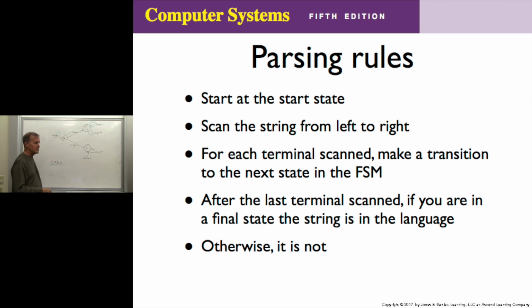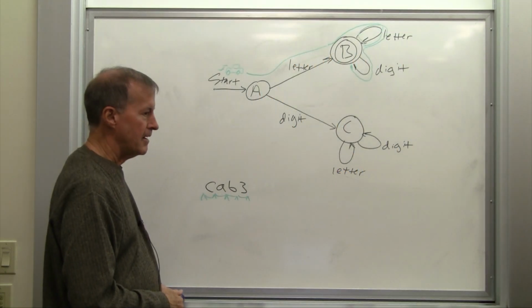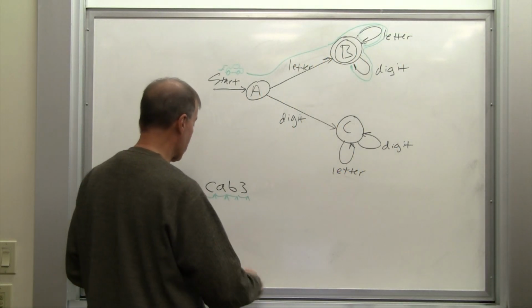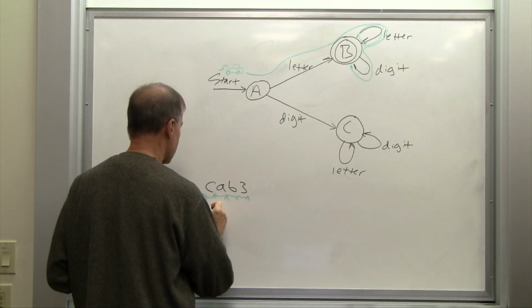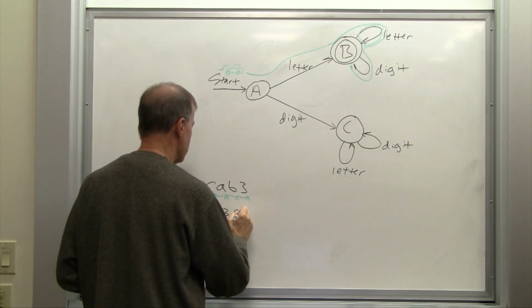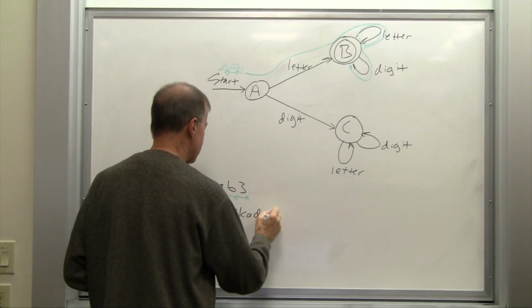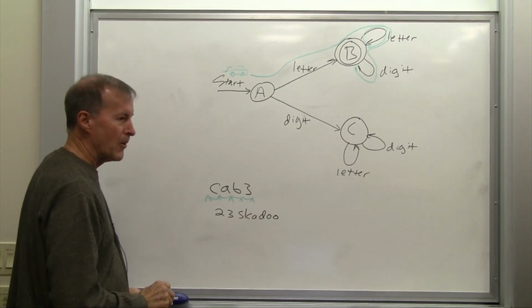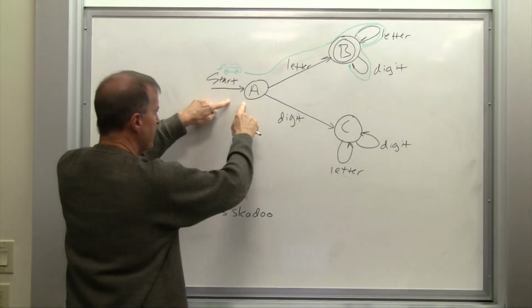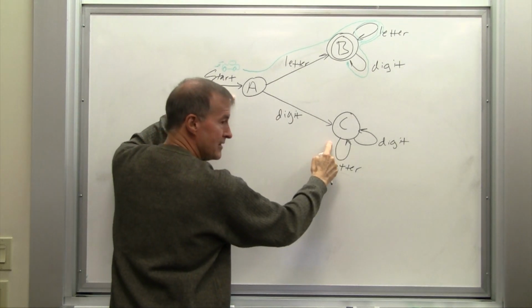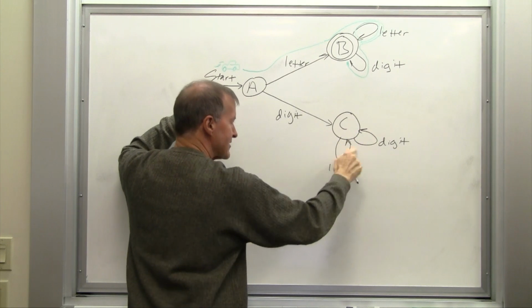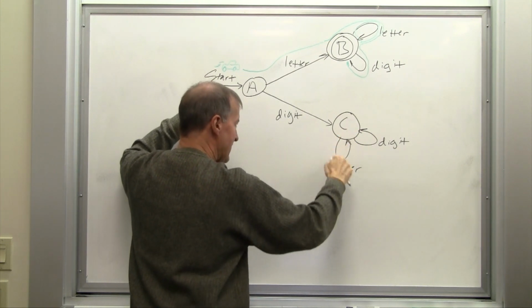Yeah, question? Well, that's a good question. Suppose instead of being CAB3, this were like 23 skidoo. What would happen? You would start here, scan the 2, and then 23 skidoo.